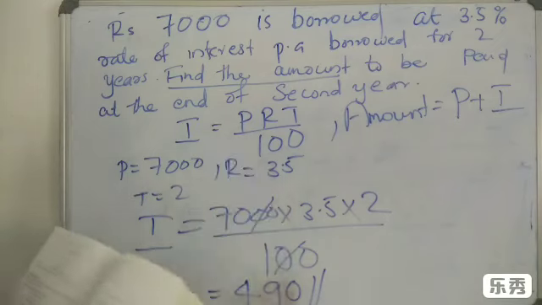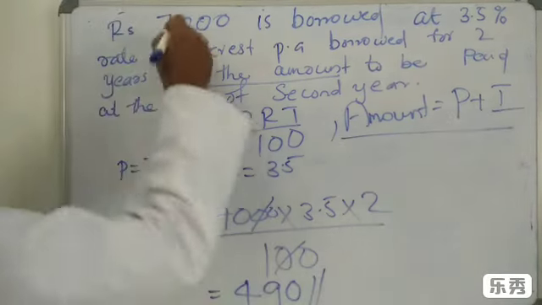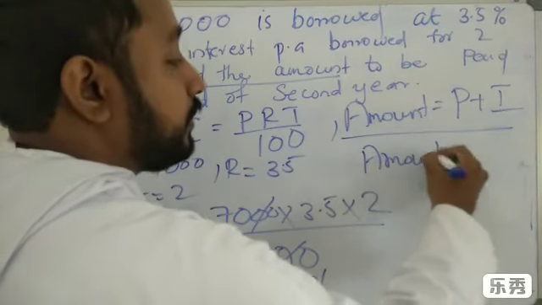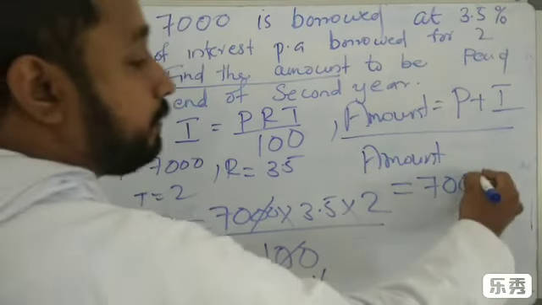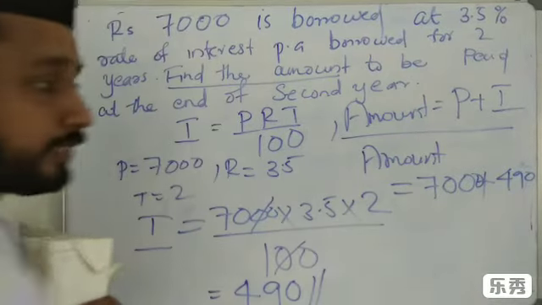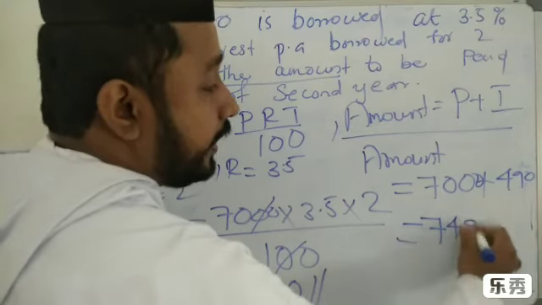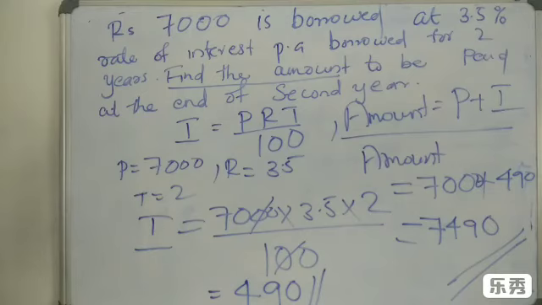The question is to find the amount. The amount formula is P plus I. P is 7,000, so amount is equal to 7,000 plus I, which is 490. So after 2 years, he has to pay 7,490 rupees.